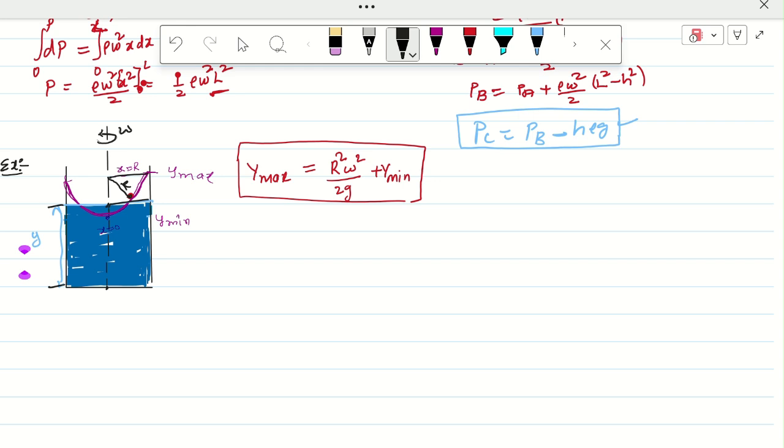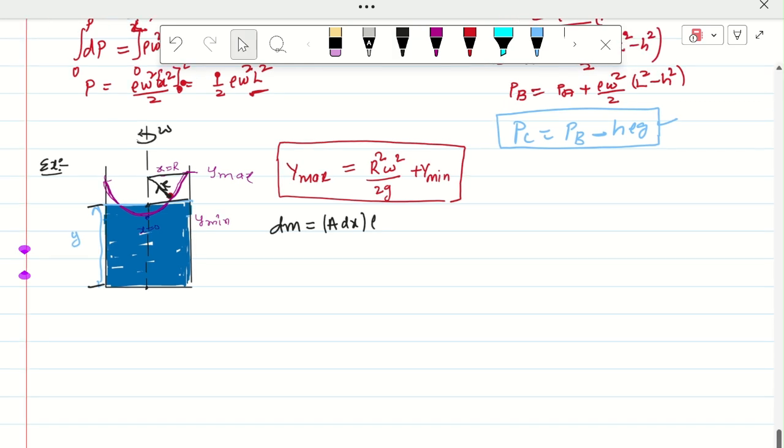Now consider here a dm, which is equal to A dx rho. The normal reaction acts along this direction, and this element is moving in a horizontal circular path with radius x. Therefore a is equal to omega square x. For understanding purposes, in all the cases I am taking x as the radius.